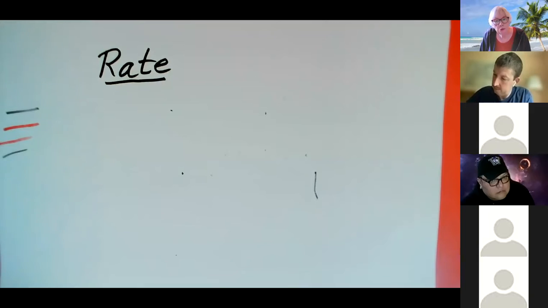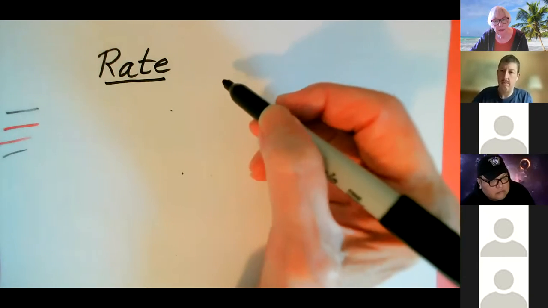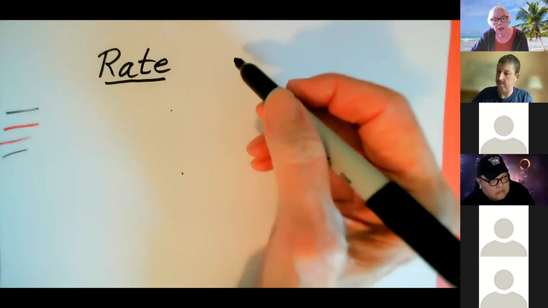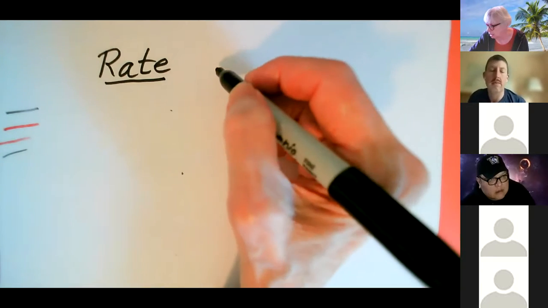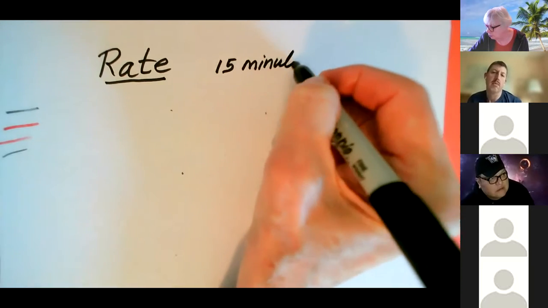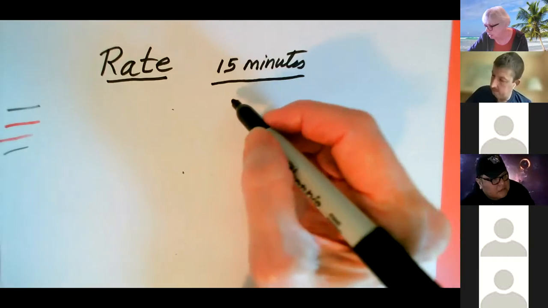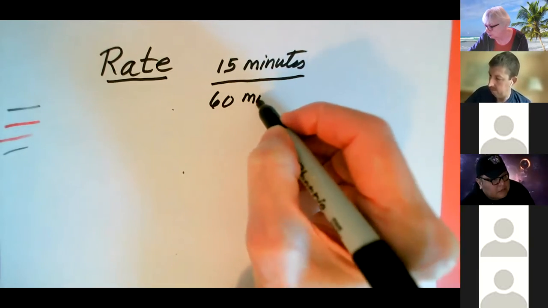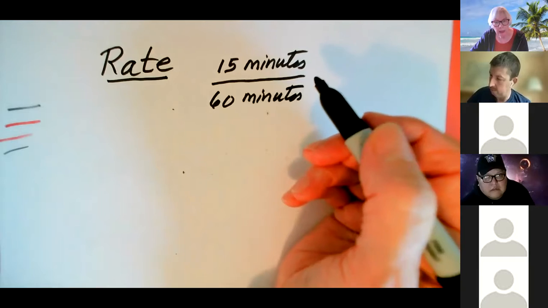And when you find the rate, you're expecting the two numbers to be similar quantities. So for instance, if you had 15 minutes compared to 60 minutes, that would be a rate.